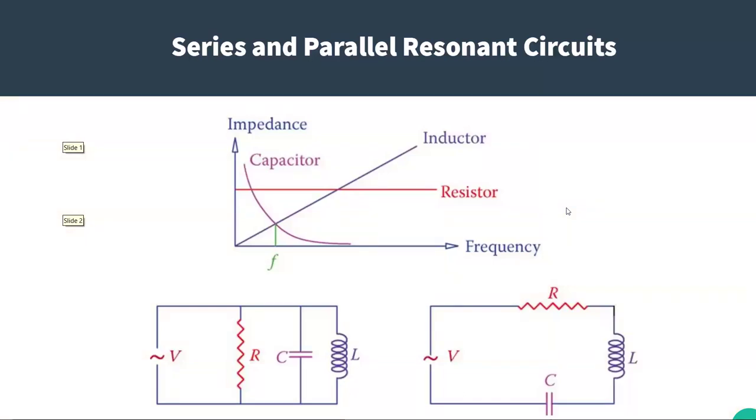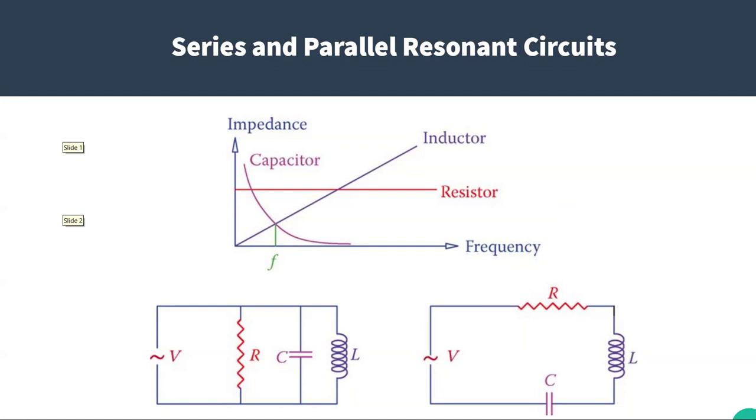This plot shows how the impedance changes versus frequency. On the inductor, at zero frequency or DC, it has basically no reactance. As frequency goes up, the reactance of the inductor increases. The capacitor is just the opposite.